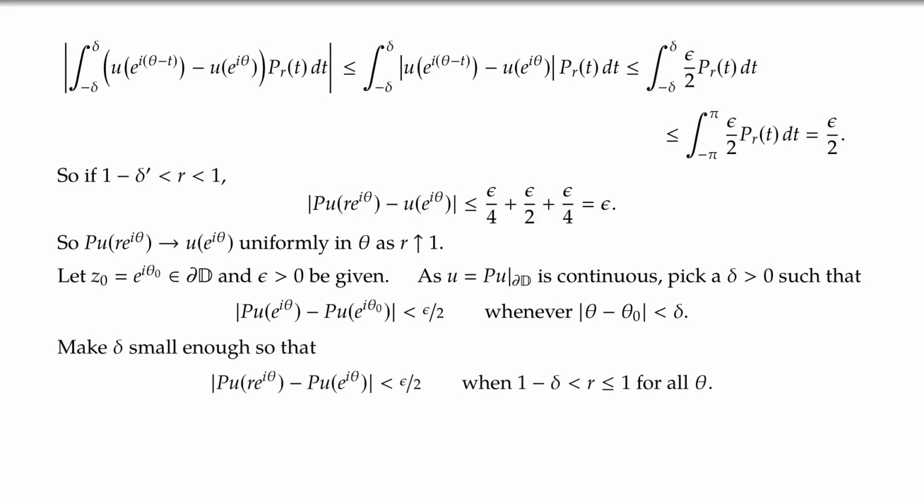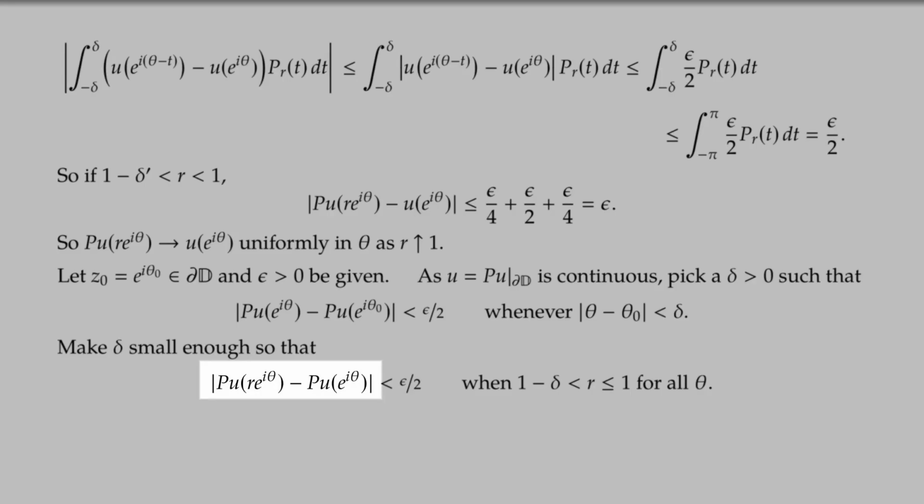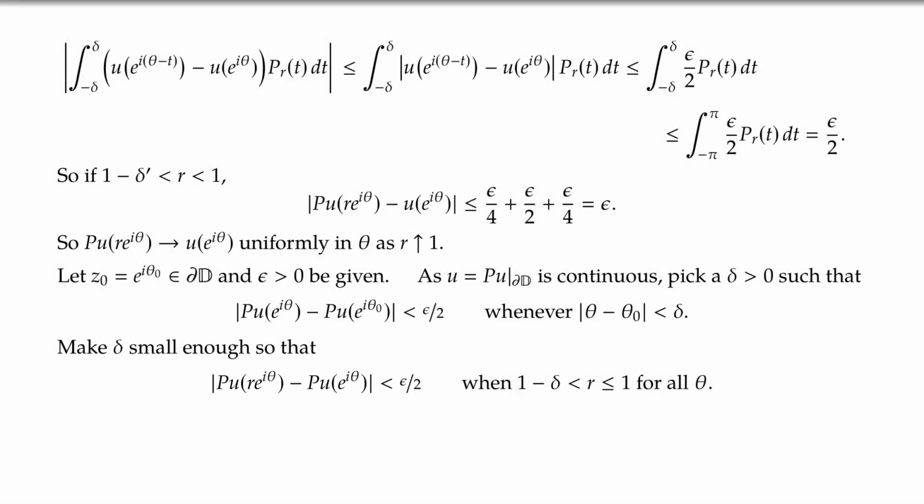Now, once we have some delta, we can also make it smaller, and we're going to use this uniform convergence to say that once r is bigger than 1 minus delta, we have convergence uniformly, so we can bound pu at r e^{i theta} and e^{i theta}.